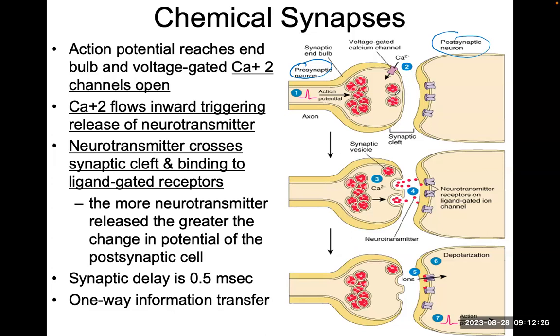And maybe it's acetylcholine, let's just say. So calcium comes in, it influxes. When it influxes, it stimulates the release of this acetylcholine, this neurotransmitter, through exocytosis.